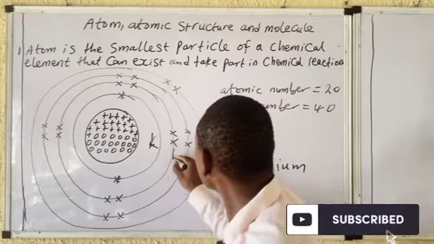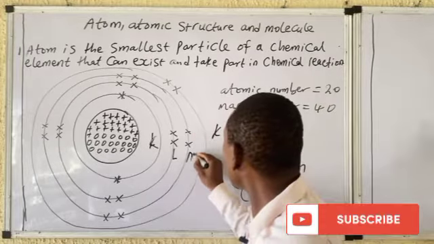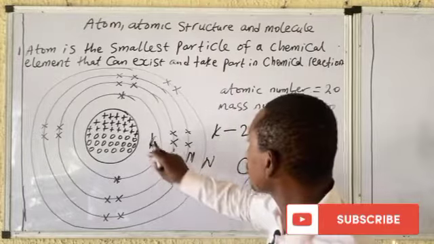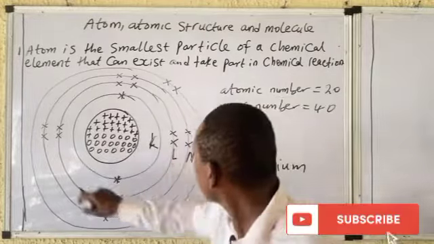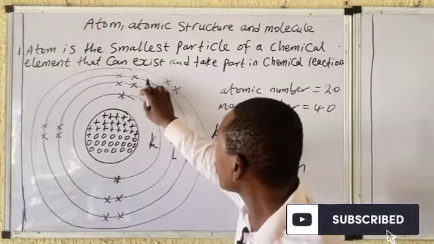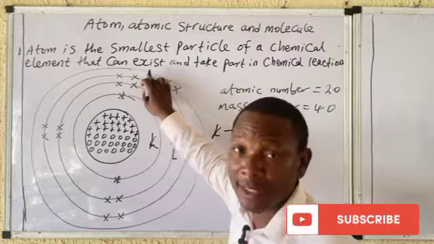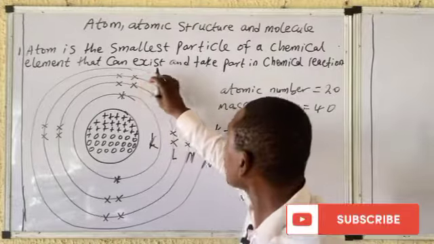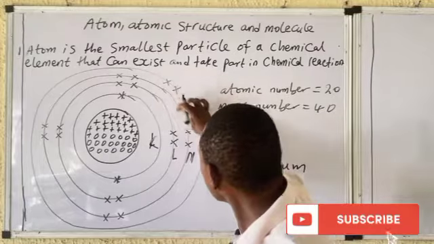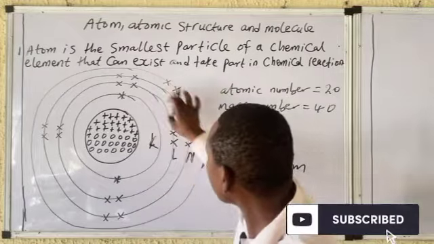Okay, so the first shell we call the K shell, which takes 2. The second shell is the L, third is the M, and fourth is the N. The second will take 8, and the third will take 8. Now, 2 plus 8 is 10, plus 8 again is 18. So the total that these are covering is 18.